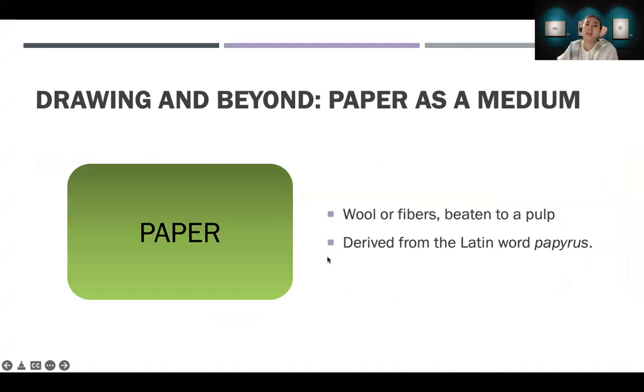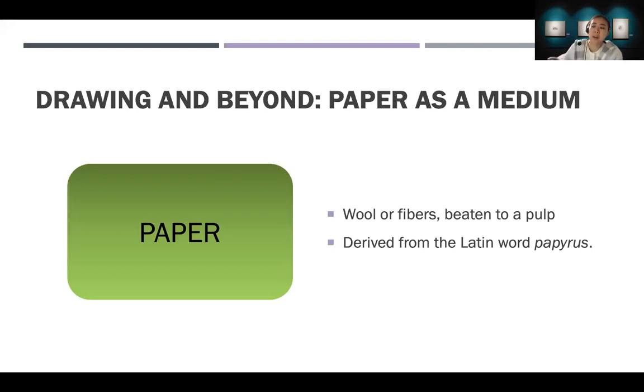And now let's talk about the paper as a drawing medium. Paper is essential material for drawing. And we'll see what the paper is with the brief paper history and paper as medium in drawing. Paper is wool or fiber beaten to a pulp mixed with water and spread in a thin layer over a fine mesh surface and left to dry.